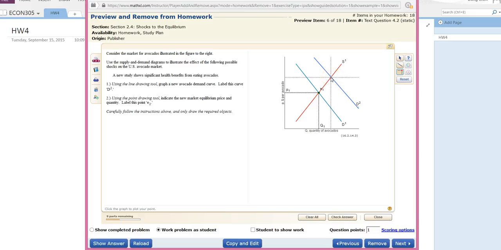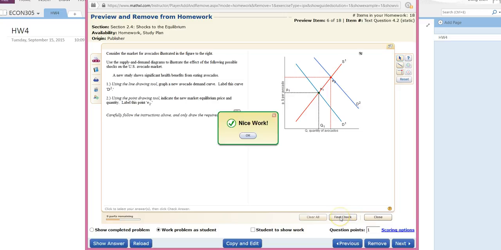The supply curve doesn't move, so the new equilibrium is right here. So that's my E2, and now I believe that's done for this part, so let's check the answer. Nice work, so continue.